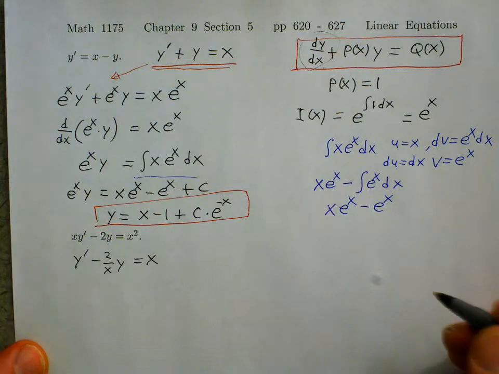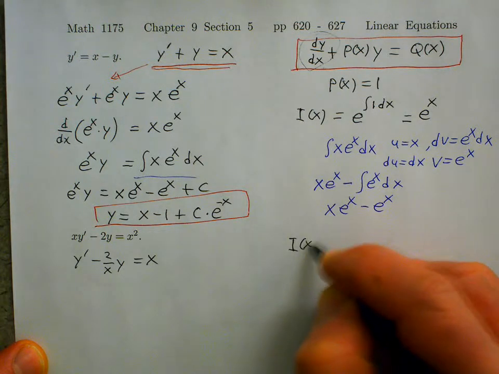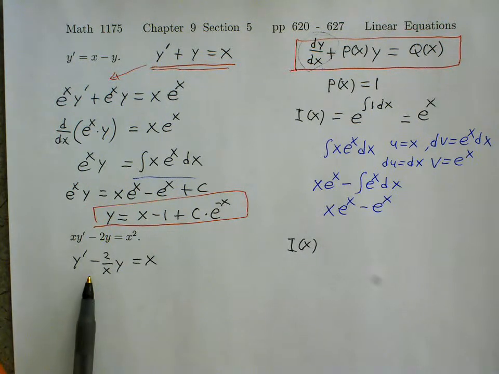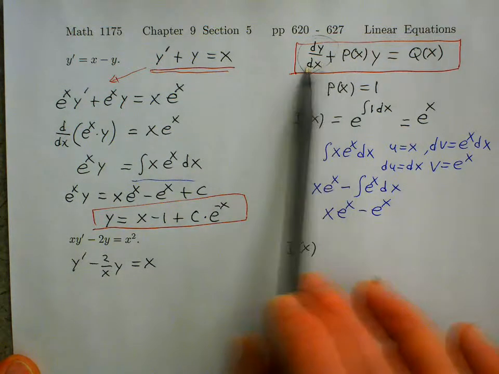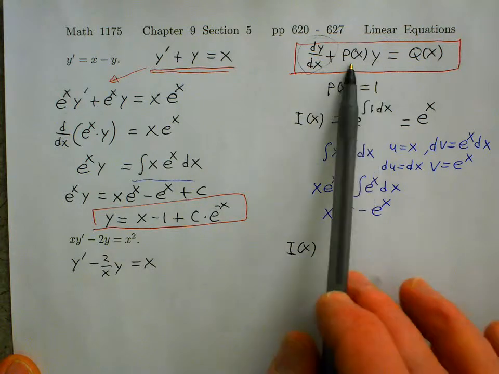And so the integrating factor, well, in this case, be careful with the signs in the subtraction. So in this form, we have dy dx plus p of x times y.